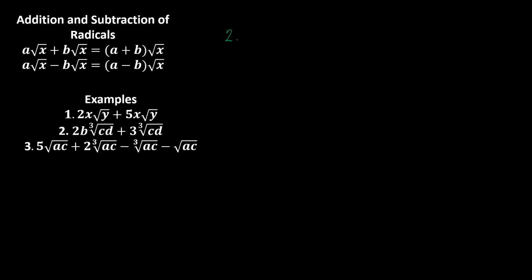Pangalawang halimbawa tayo. Meron tayong 2b times the cube root of cd plus 3 times the cube root of cd. So, check muna natin kung like radicals sila. Ang index nila ay parehong 3 and then yung radicand nila ay parehong cd.